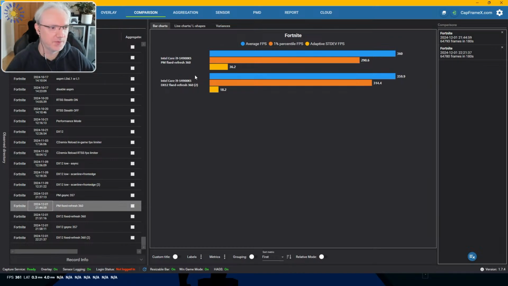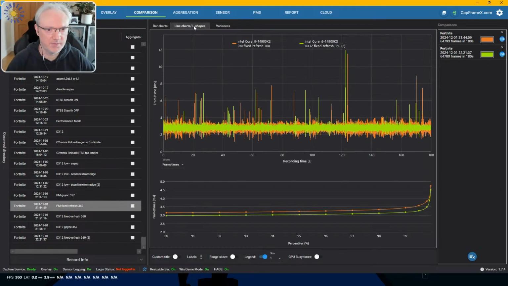So, do we do that? Slightly out with the timings on that. Frame times are slightly better between.